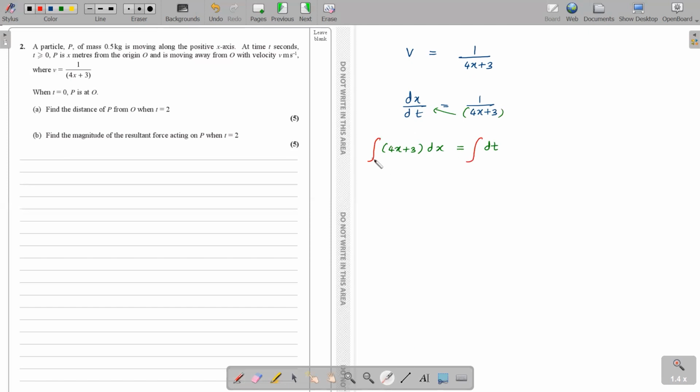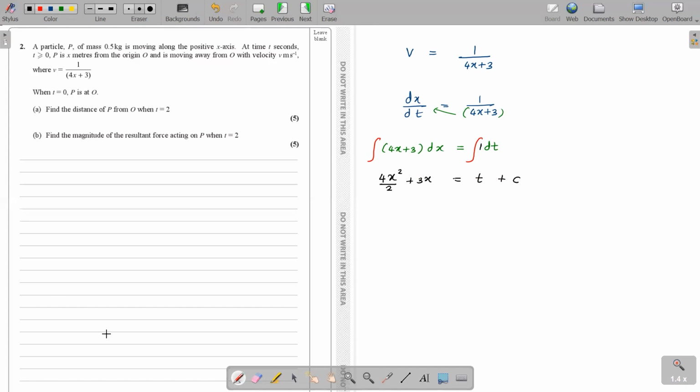This side integrates with respect to x, and this side integrates with respect to t. So what do we get here? The integration of 4x is 4x square over 2, plus the integration of 3 is 3x, equals the integration of 1 with respect to t, therefore you get t. And you can put a plus c here.